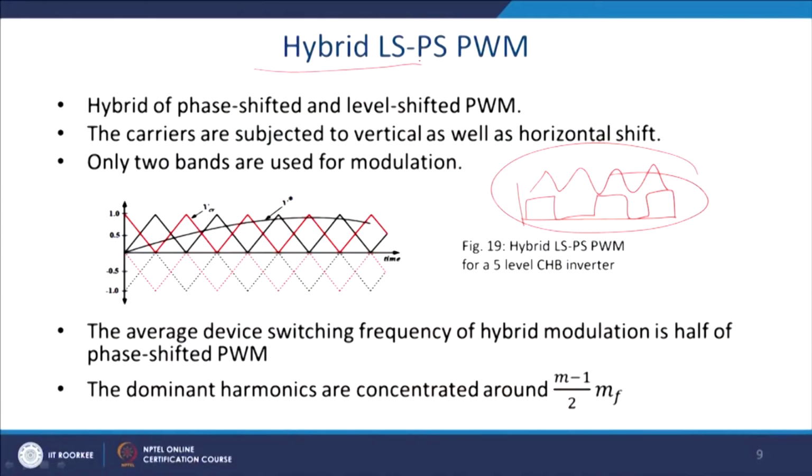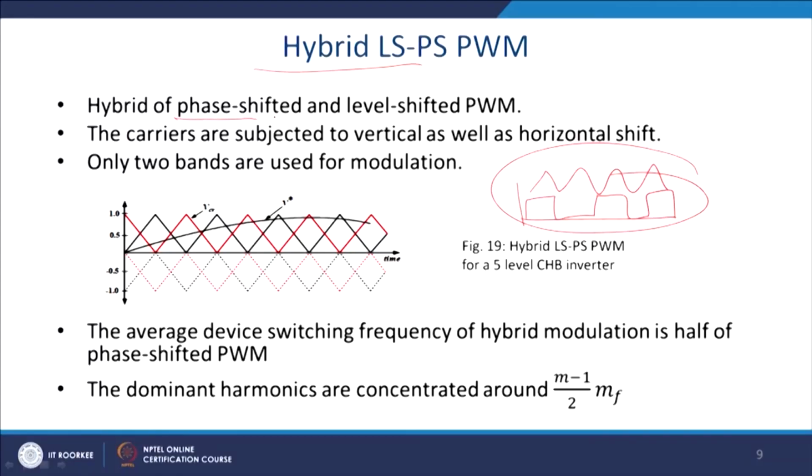Now, this is a hybrid level shifted as well as phase shifted PWM, and it is a combination of both. So, we always believe that hybridization works better. So, hybrid of the phase shift and the level shift PWM both. See that what we do, the carriers are subjected to the vertical as well as the horizontal shift.